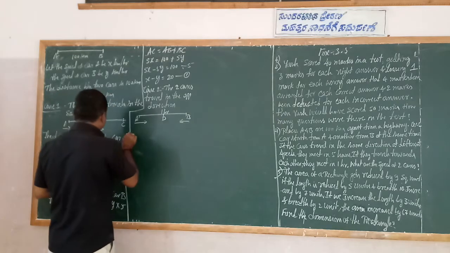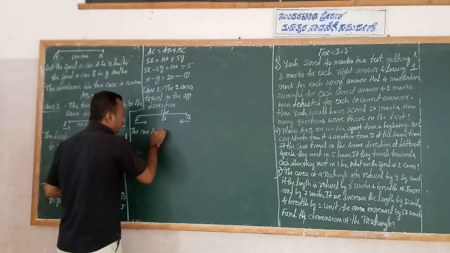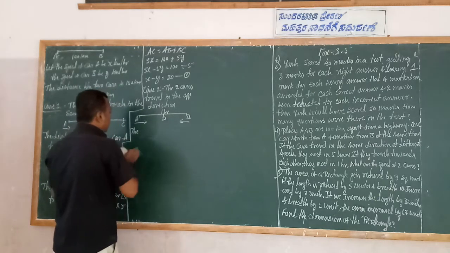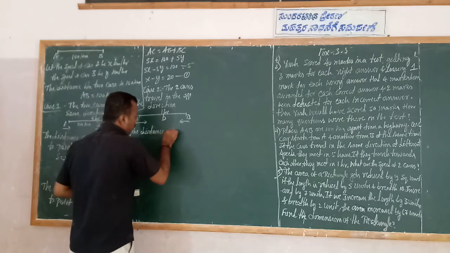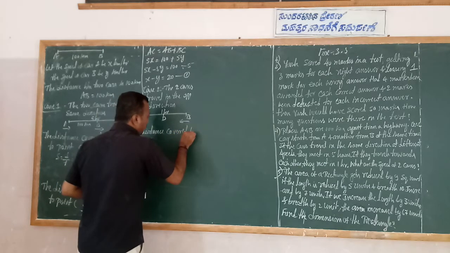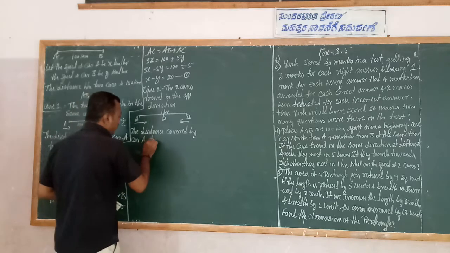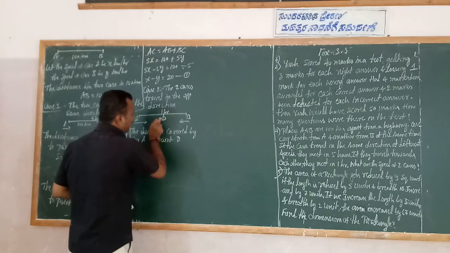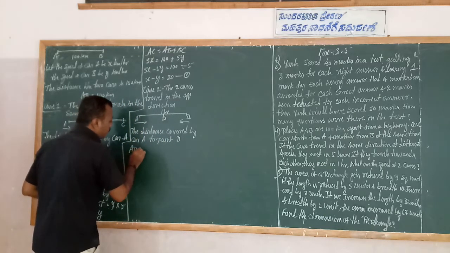See friends, the distance covered by car A to the point D. So therefore AD is equal to, same formula, d is equal to S into t.